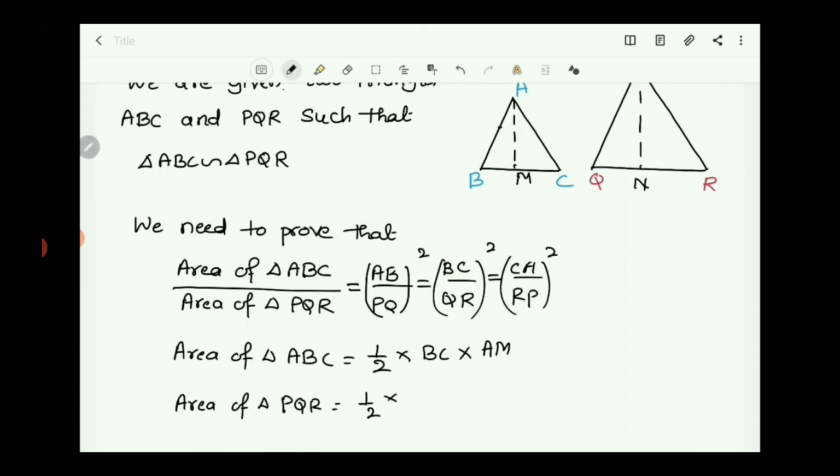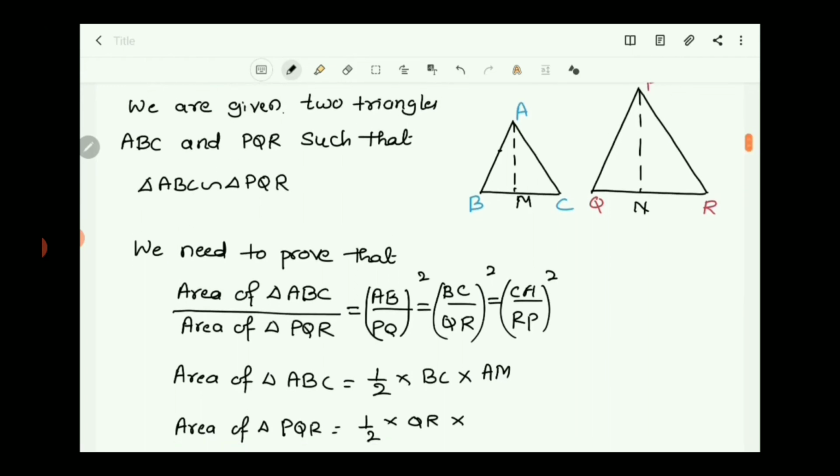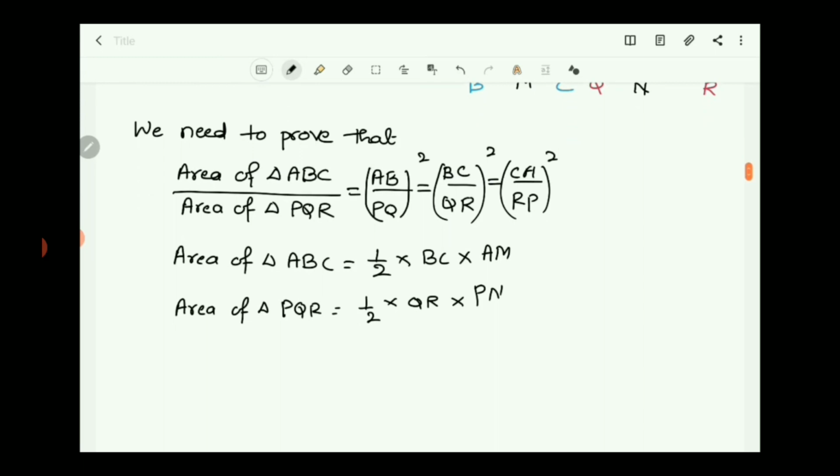Half into QR into PN you write. That is half into QR into PN. So you got the area of the triangle ABC and area of the triangle PQR.